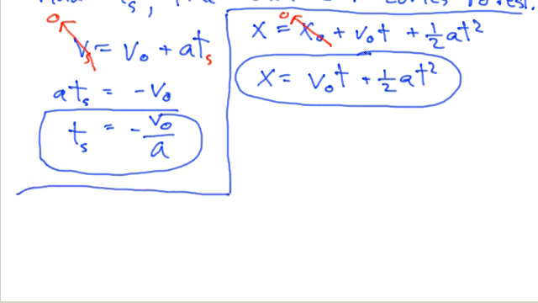Now I've got to write a code outline. I'll go: 1, take the arguments, take v0 and a.